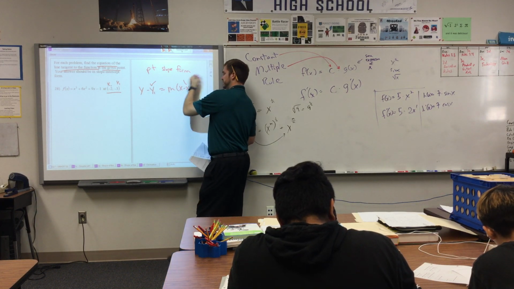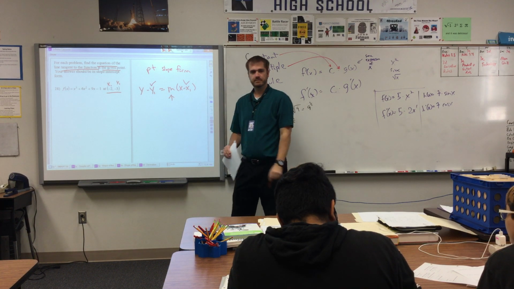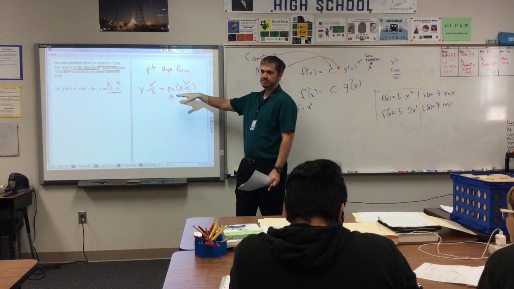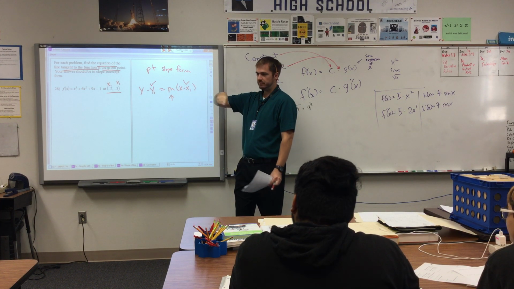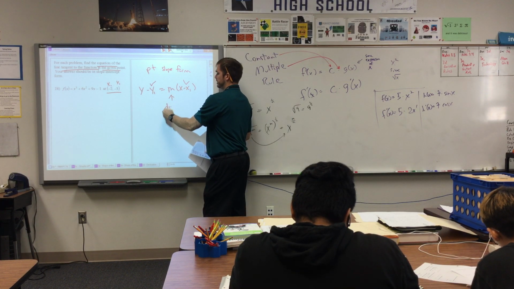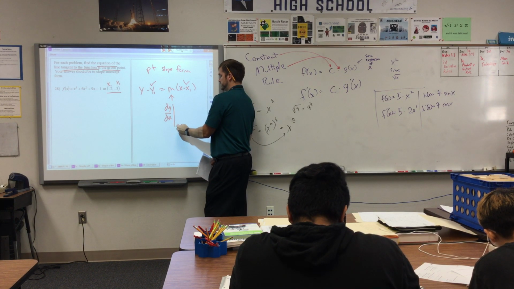So we've got this. Do we have a slope? Now we want the slope of the tangent line. How are we going to find the slope of the tangent line? Finding the derivative. Find the derivative, plug in that x value. So the slope here is going to be dy over dx evaluated, in your notation, at x equals -2.